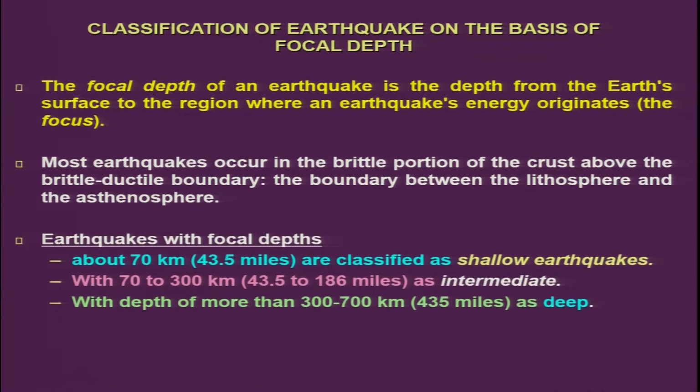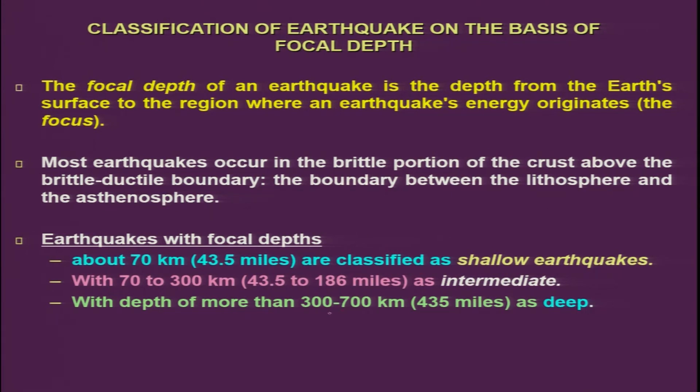So, in terms of depth, in the broader sense, up to 70 kilometers depth we classify earthquakes as shallow earthquakes, with depth ranging from 70 to 300 kilometers they are intermediate, and deeper earthquakes have depth of more than 300 to 700 kilometers.